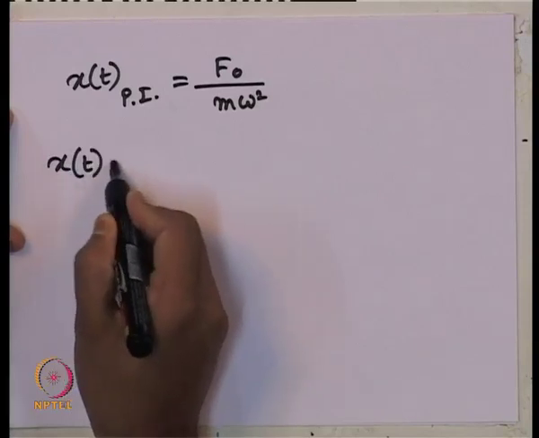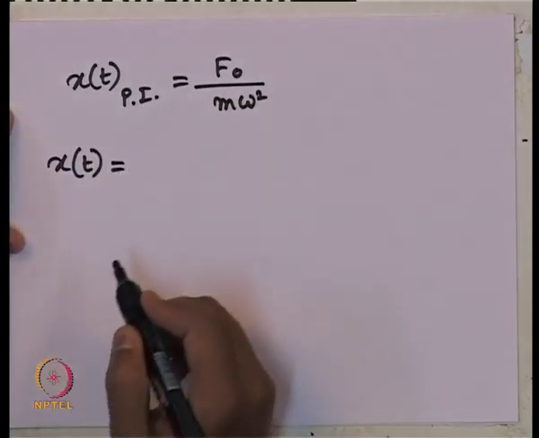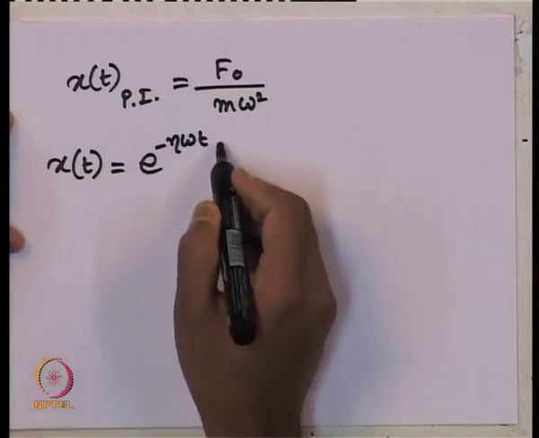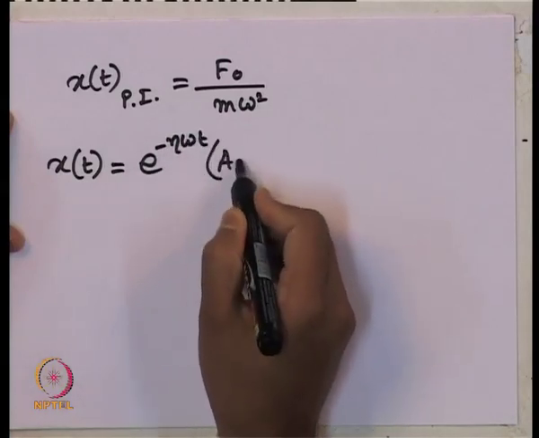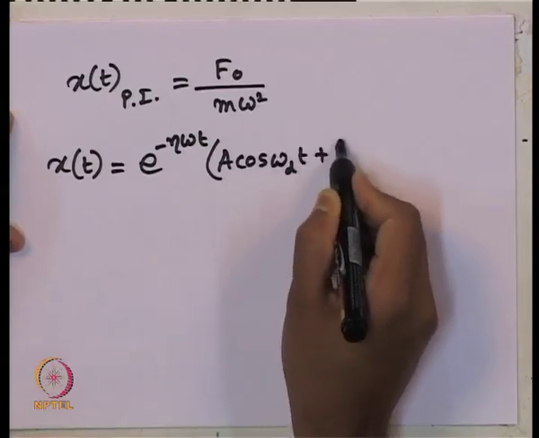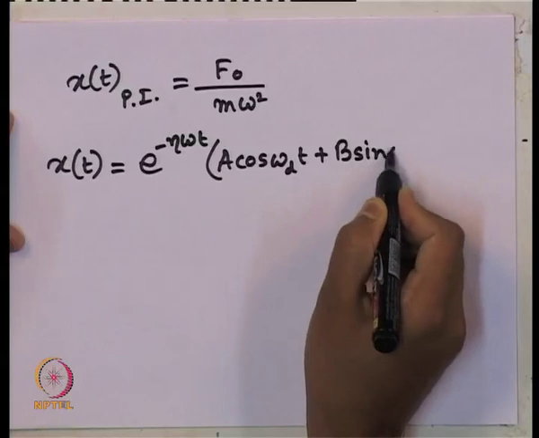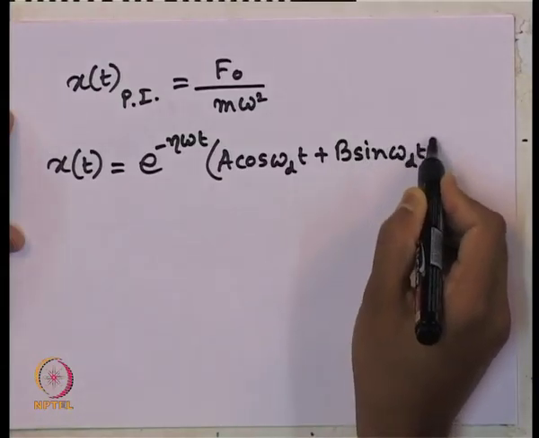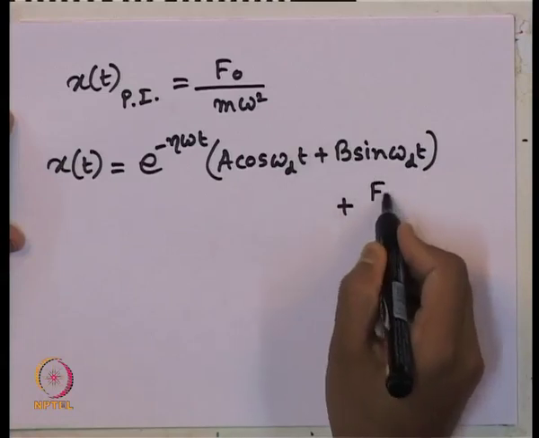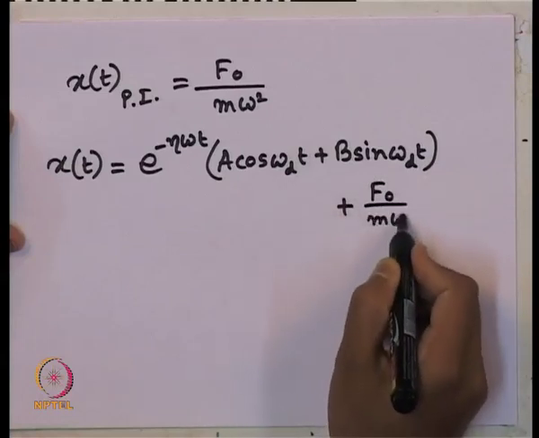The x(t) complete solution is given by e to the power minus eta omega t, a cosine omega_d t plus b sin omega_d t, plus this particular integral F naught by m omega square.